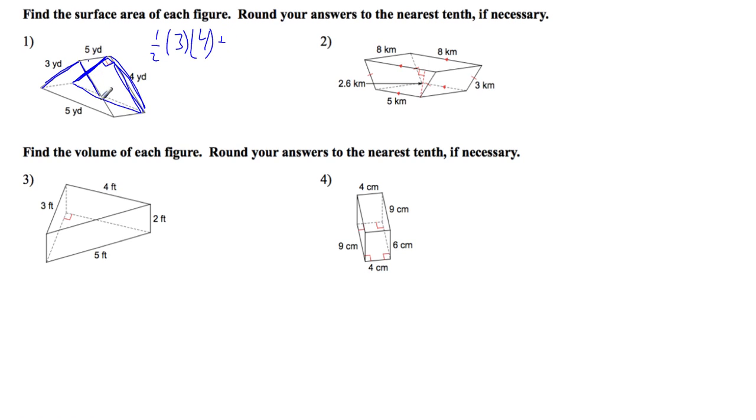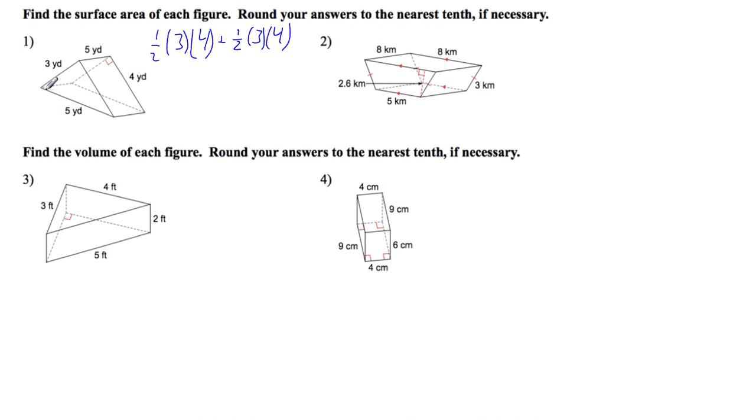Now, in prisms, the opposite sides are congruent. So this opposite face is congruent to the other triangle. It still has this base of 3 and this height of 4, so to find the area we do 1/2 of base times height, or 1/2 of 3 times 4.